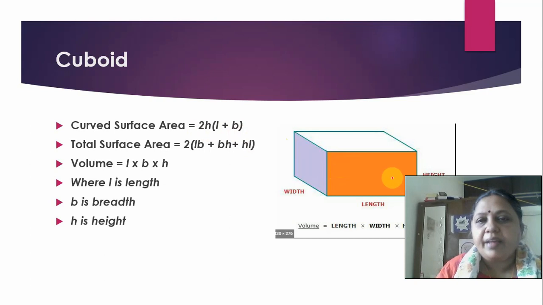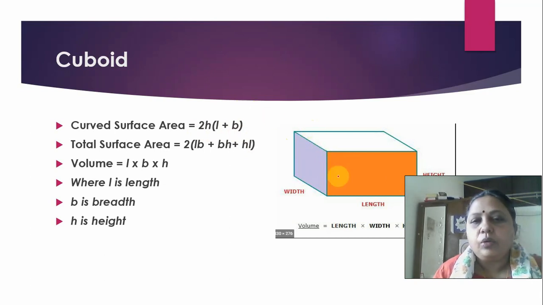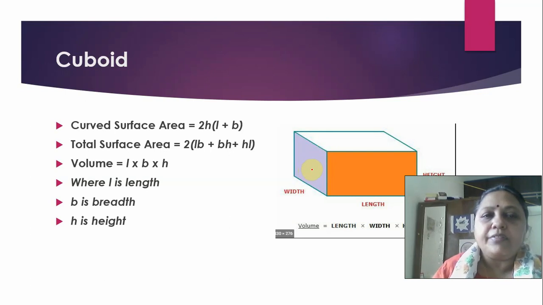So this face, the face opposite to it will have height into length. So 2hl you have and 2hb, height into breadth. Okay. So that is how we have the formula for the curved surface area of a cuboid. It is 2h into (l plus b).